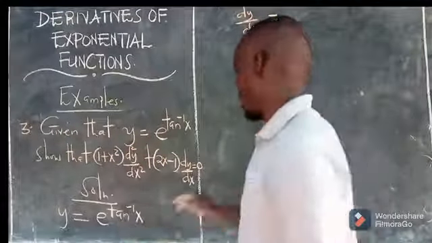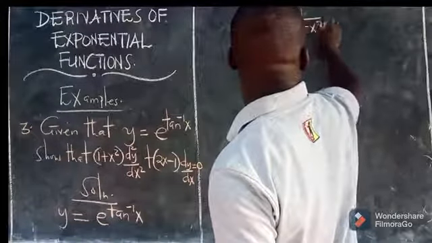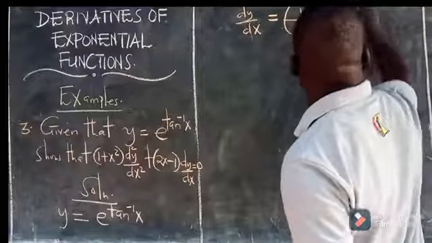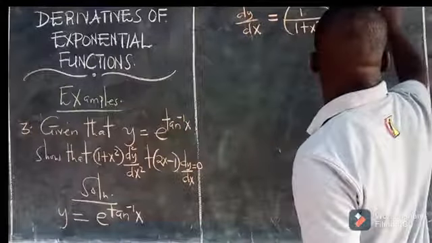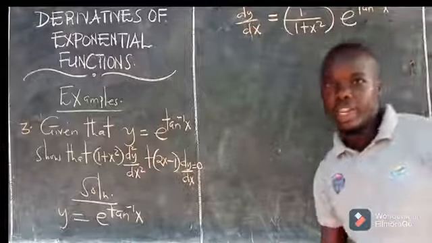When you differentiate the power, you get 1 over 1 plus x squared. Then of course you multiply by the same function, which is exponential tan inverse of x.